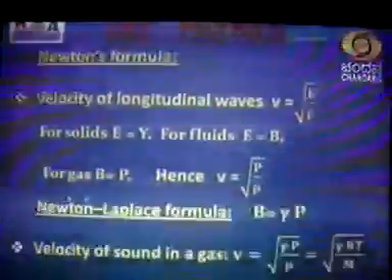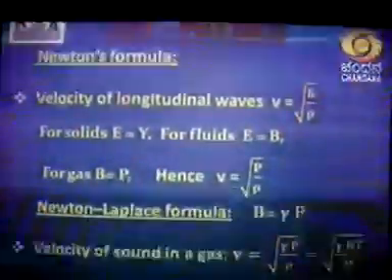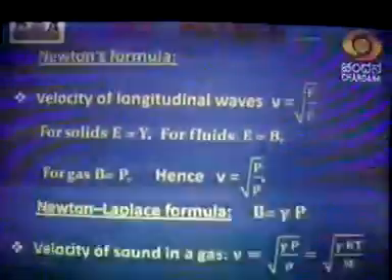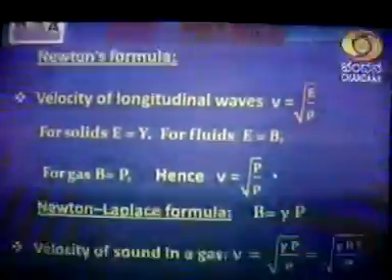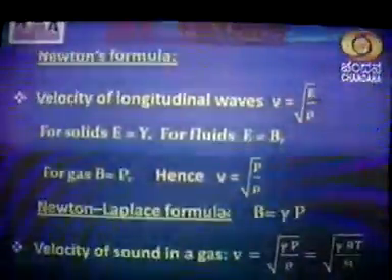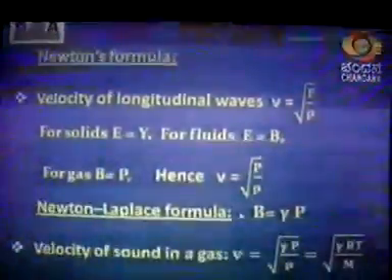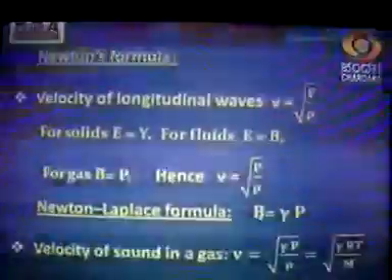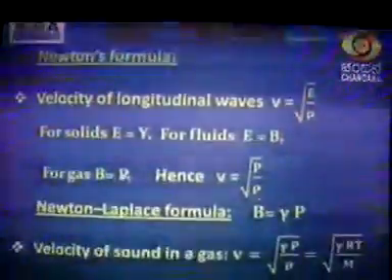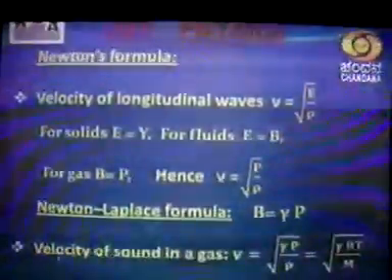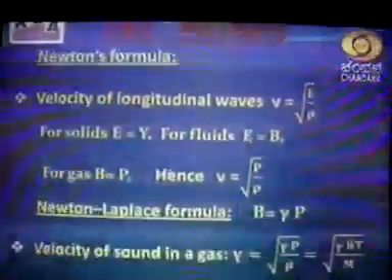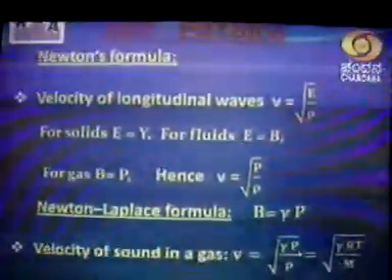And Laplace corrected that formula, because the formula given by Newton was found to be incorrect when checked with the experimental values, and he considered the propagation of sound to be an adiabatic process. So Laplace corrected the bulk modulus, which is equal to gamma P, not just P. And the velocity of sound is given by the expression v equal to square root of gamma P by rho.